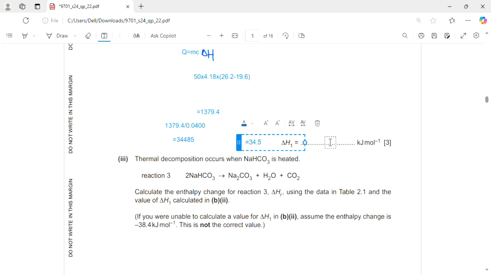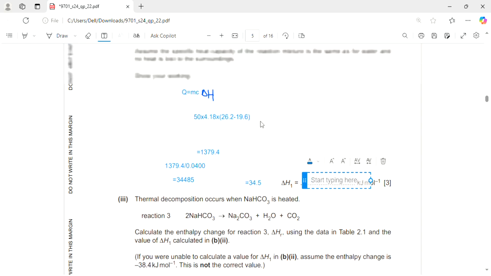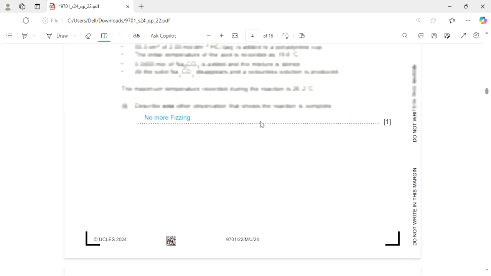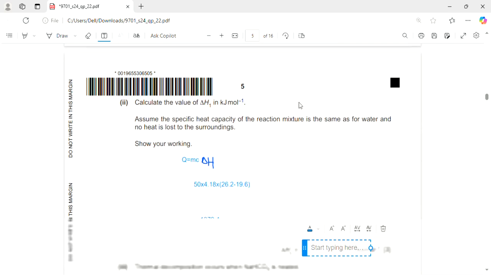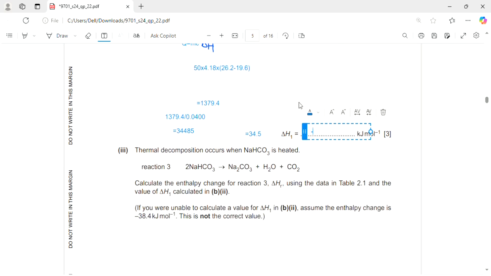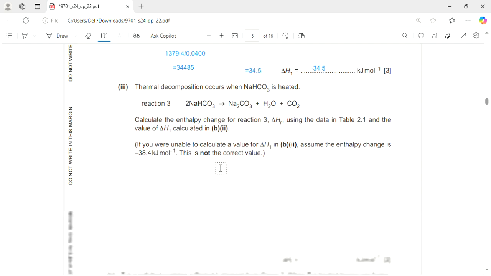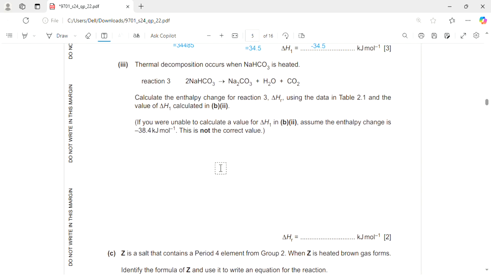But here we write with the sign, since the temperature was 19.6 and the temperature raised to 26.2, the reaction is exothermic, all right? So minus 34.5. Here we have the answer.